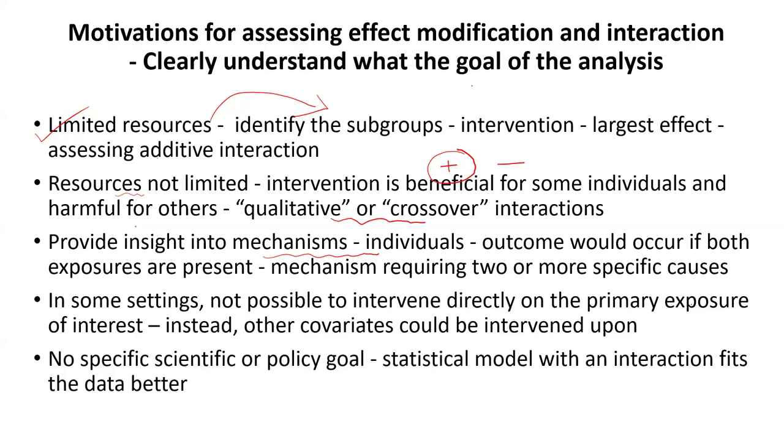In these situations, again, your identification of interactions becomes important. And the last reason, of course, is that the statistical model with interaction fits better than any other, which you will rarely take up as a reason.